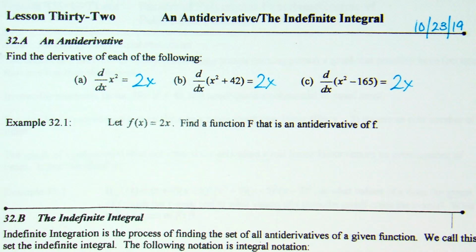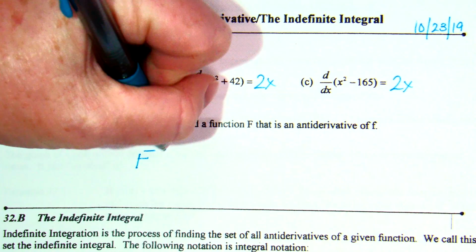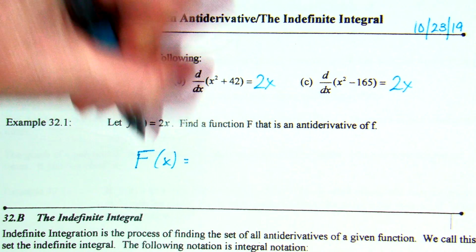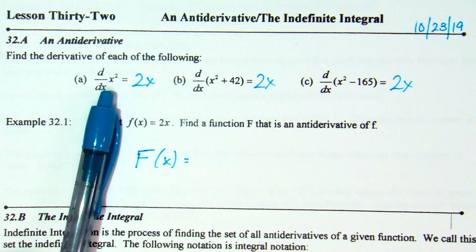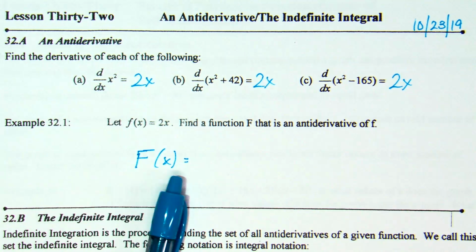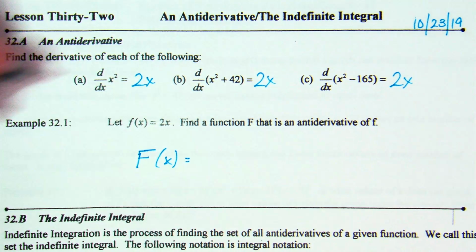So what do those all have in common? They all have a constant. Because even this one that was originally x squared, couldn't that be x squared plus 0 as your original function? So the antiderivative, which they use a capital letter, F of x equals, it's going to be x squared.